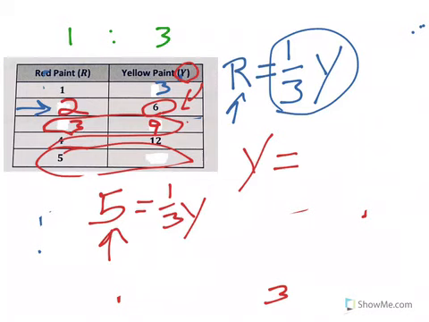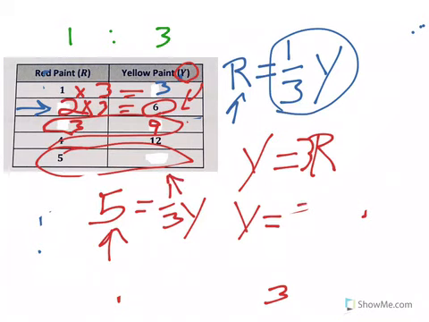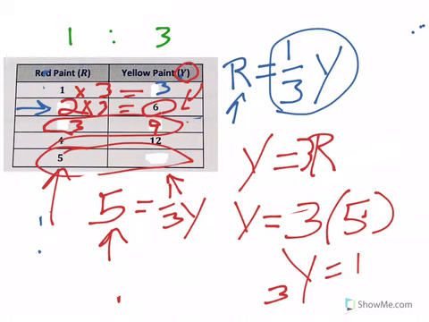Well, if you look, R times 3 gives us Y. So we're going to say 3R, which is 3 times R. If I know that Y equals 3R, and in this case I already know the R is 5, 3 times 5 gives me Y equals 15, so in that Y space, I can write 15.